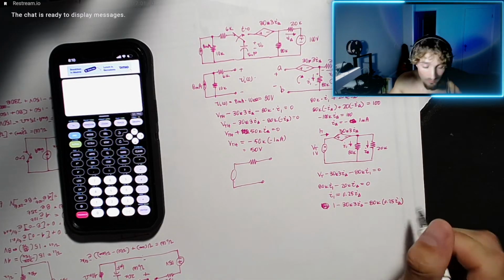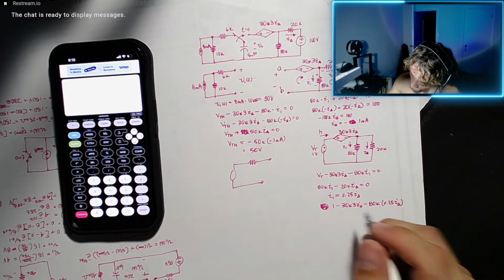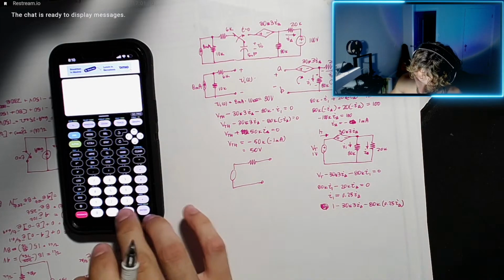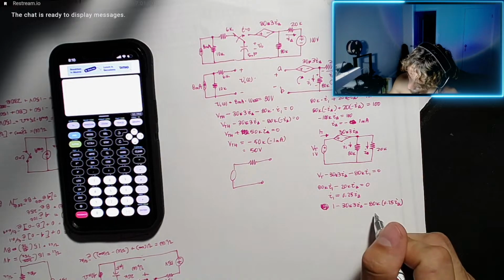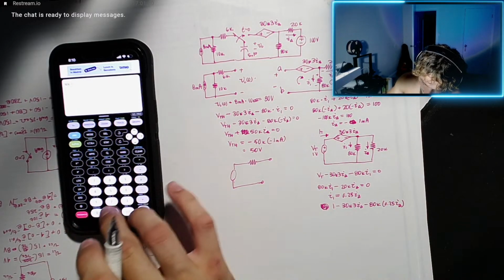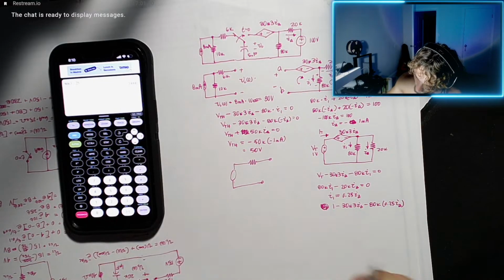Can you see that? Yeah. So negative 30,000, 80k times 0.25 is 20,000.